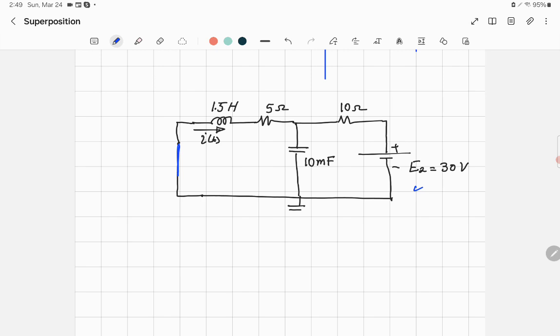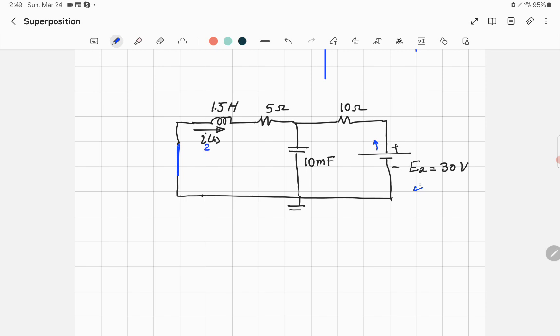If you observe, I kept the current direction IT in this direction. However, I know that the current will flow in this direction, but I have to keep the current in this direction. If you want to use this direction, remember in the end, after you solve, it will be opposite to the current. Also, make sure that's not I, it's I2. Why?